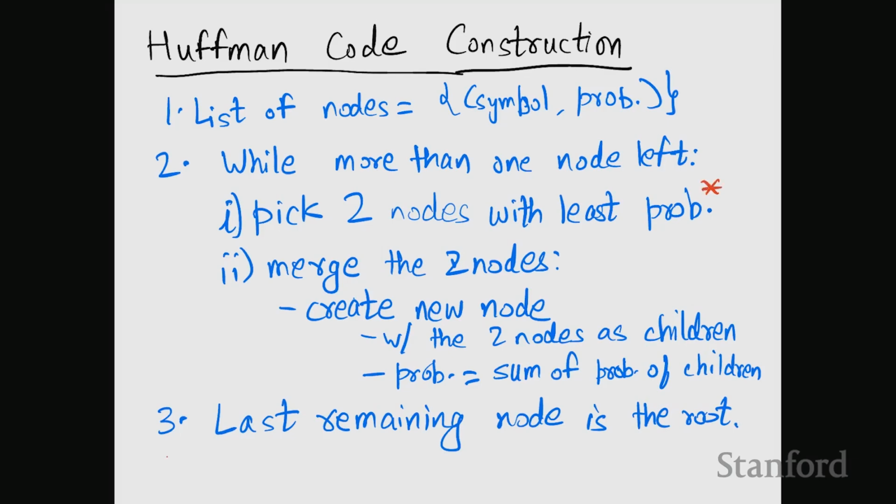And one asterisk, you break ties arbitrarily. Okay, so basically you start with a list, you keep merging the two lowest probability nodes, and you end up with a tree where all of your initial symbols are at the leaves of the tree. But let's do some examples. I think that's the most useful thing to do.